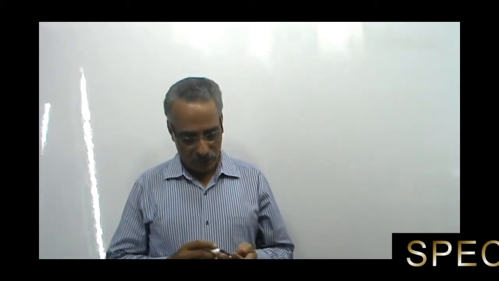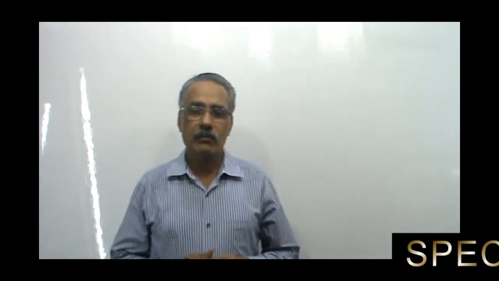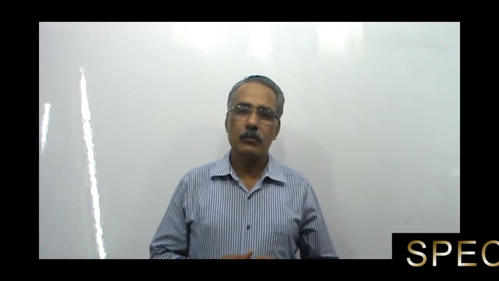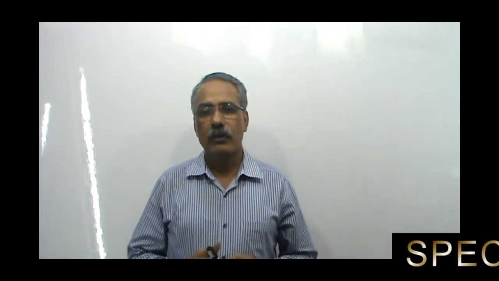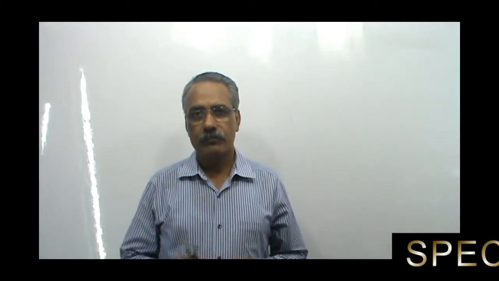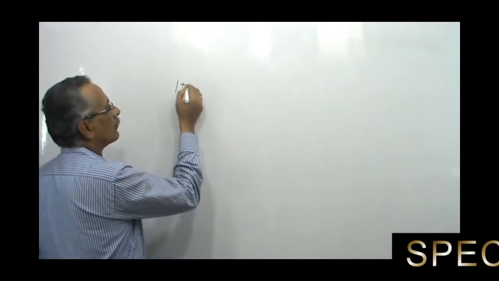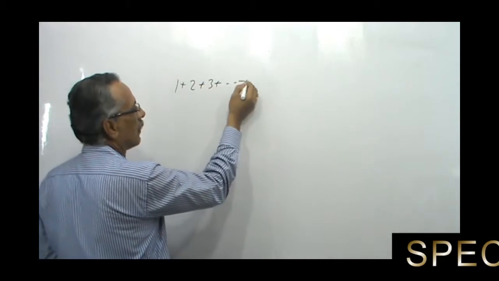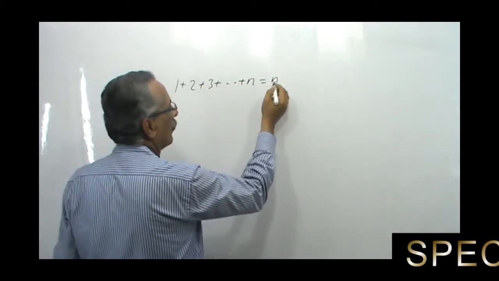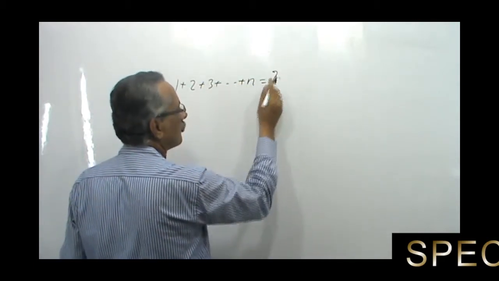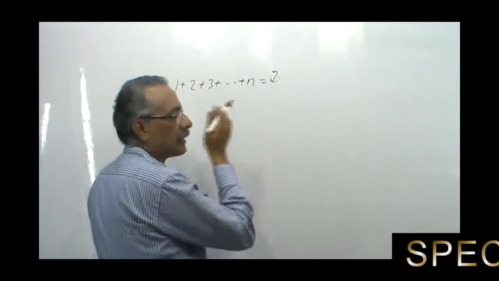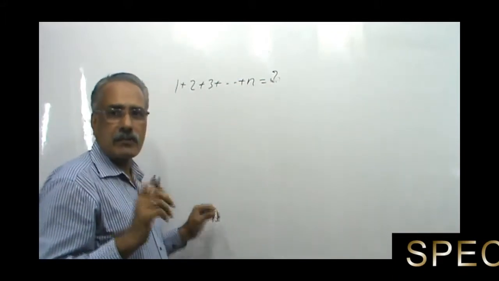For example, we know that the sum of the first n natural numbers is n into n plus 1 by 2. That is, 1 plus 2 plus 3 plus up to n is equal to n into n plus 1 by 2. Now suppose we ask what is the value of 1 plus 2 plus 3 plus etc. up to n? This answer cannot be obtained by mathematical induction.